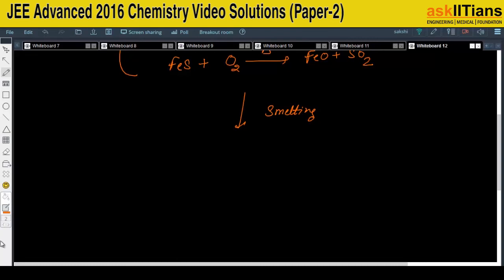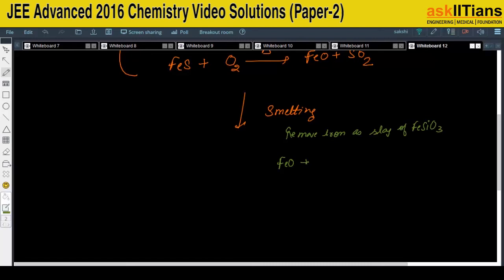Now smelting means what? Smelting basically involves that iron will be removed as slag, so we are going to remove iron as slag of FeSiO3. What should be the reaction?